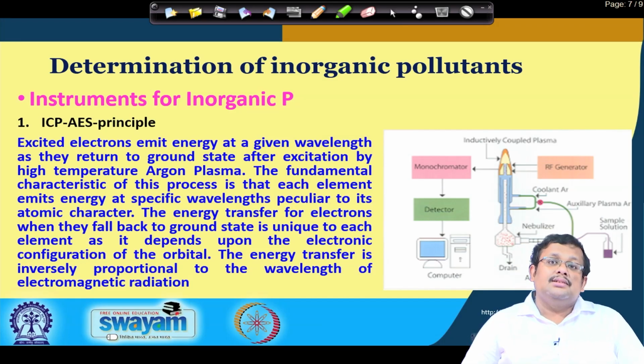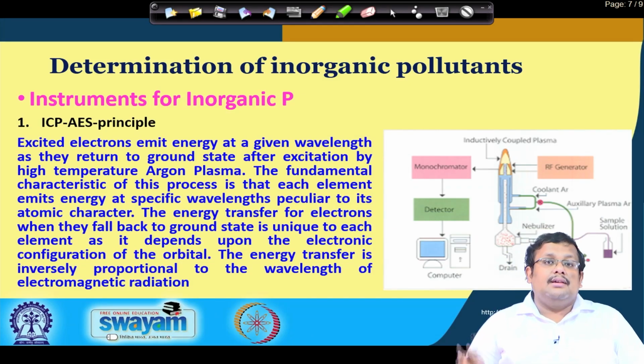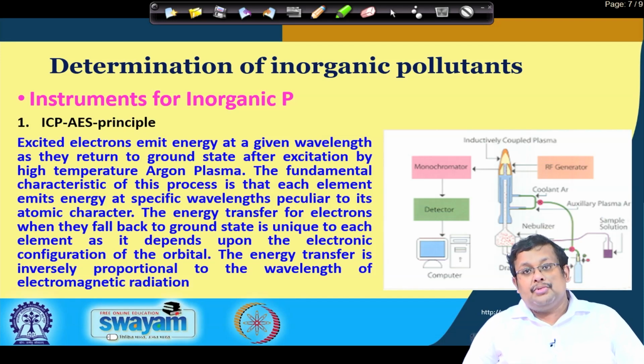So, what happens when we energize the electrons of a compound by the high temperature of argon plasma? The electrons basically go to the higher orbitals or excited states, and when they come back to the ground state after excitation, they emit some energy at given wavelengths.